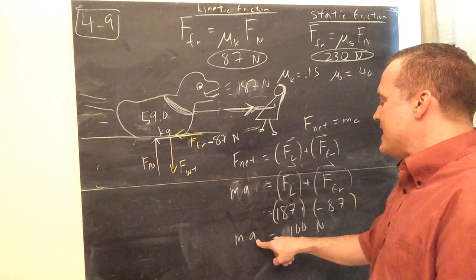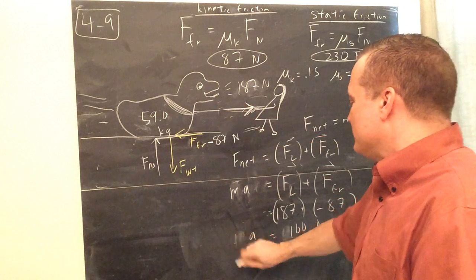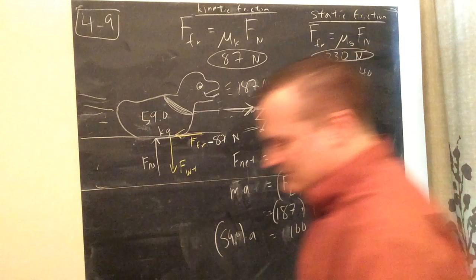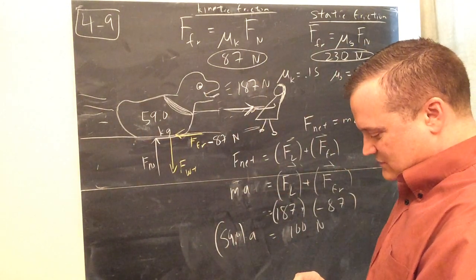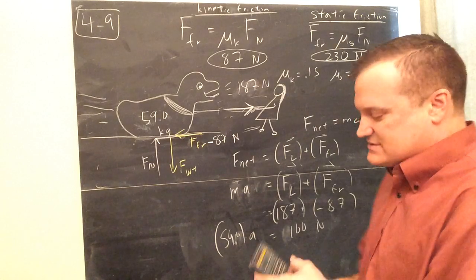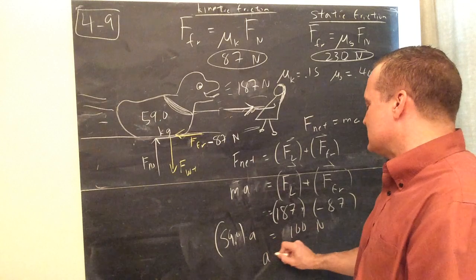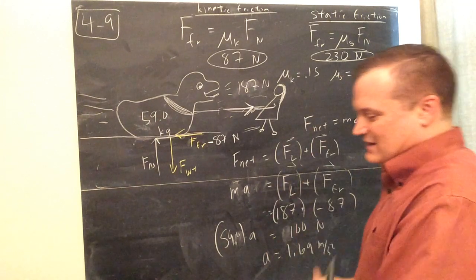That means I can calculate the acceleration of Happy. If I plug in his mass, 59, it'll be 100 divided by 59. This actually is not a bad example. So he could be accelerating at 1.7 meters per second squared. 1.69 is the acceleration. So Happy will be accelerating that way, getting faster.